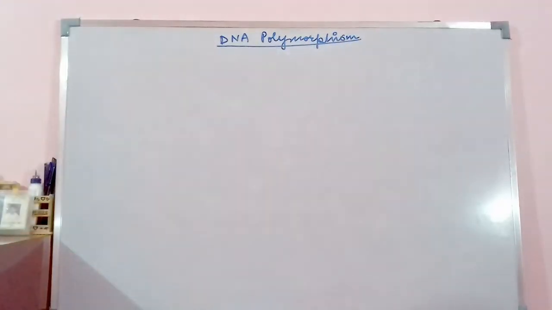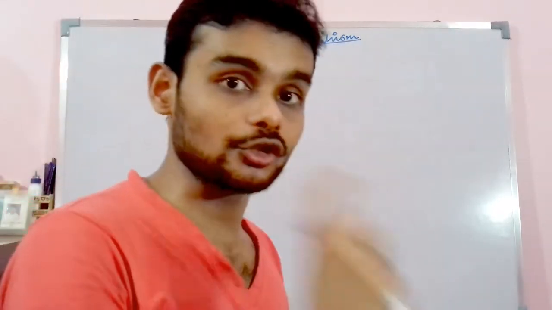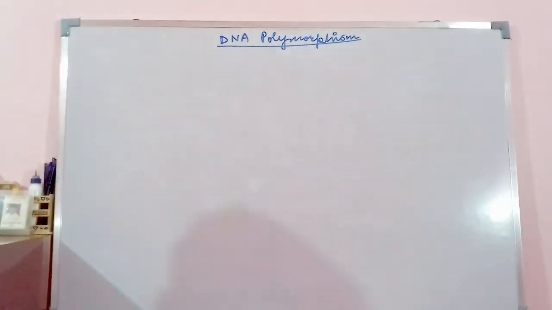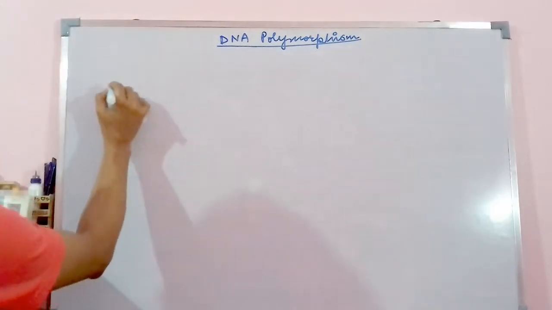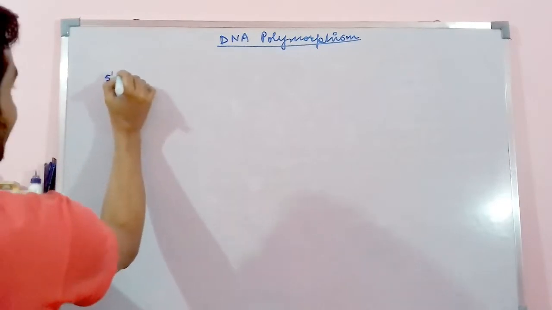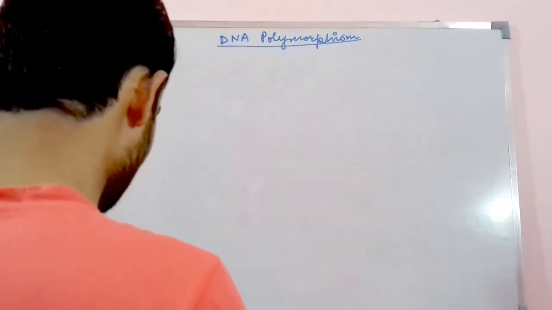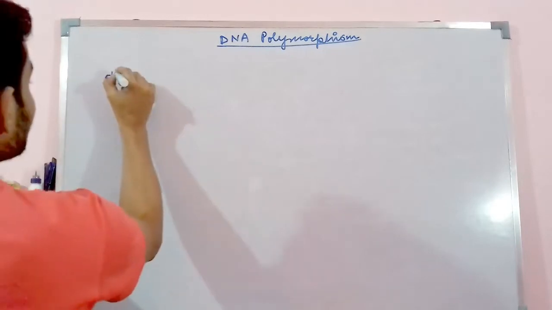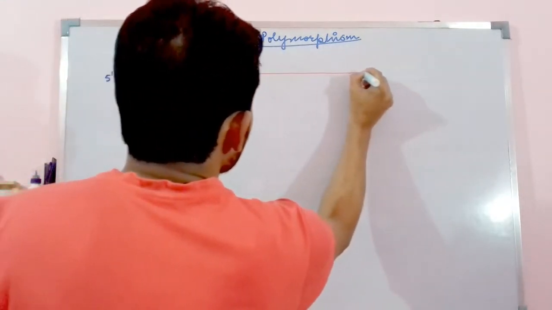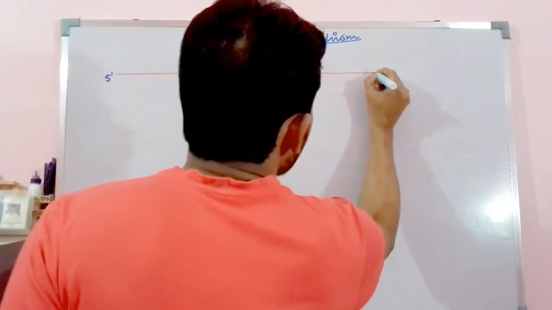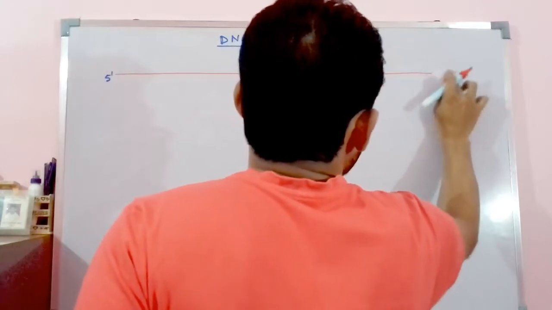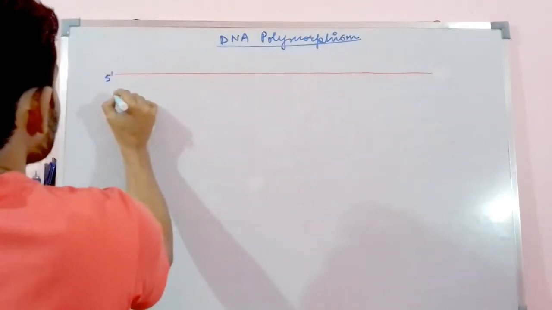In case of DNA polymorphism, first let me write a nucleotide sequence. Suppose I consider a 5' strand. This one let it be the 5' strand, running 5' to 3', and this one be the 3' to 5'.